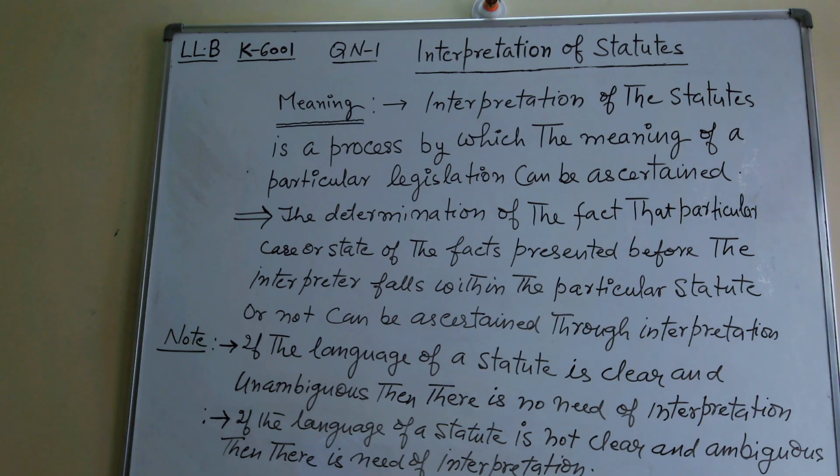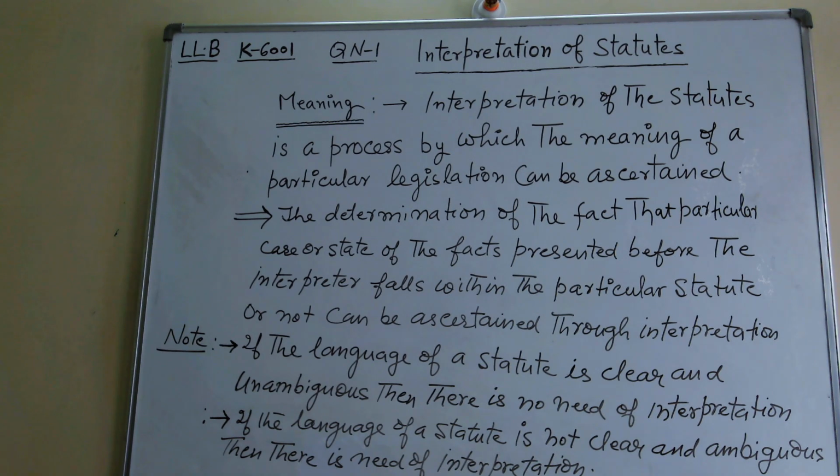If the language of a statute is clear and unambiguous, then there is no need of interpretation. This is the most important point. Unambiguous means the language does not have two or three meanings. If the language gives one meaning, or is clear, then there is no need of interpretation.